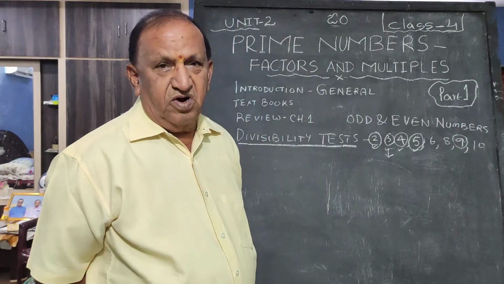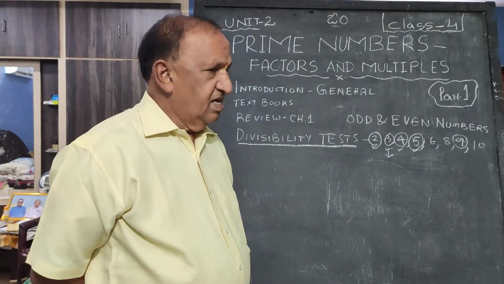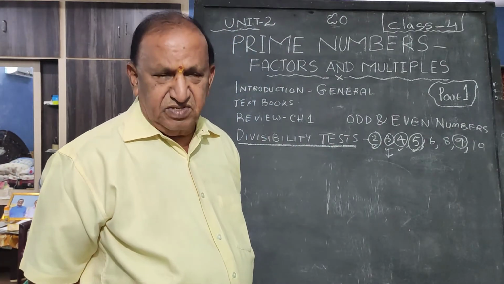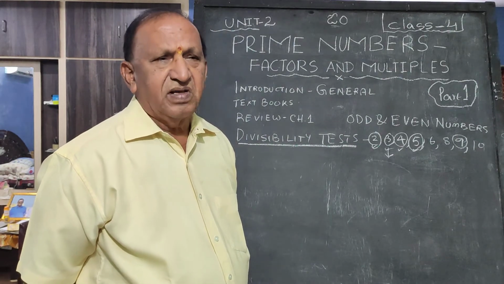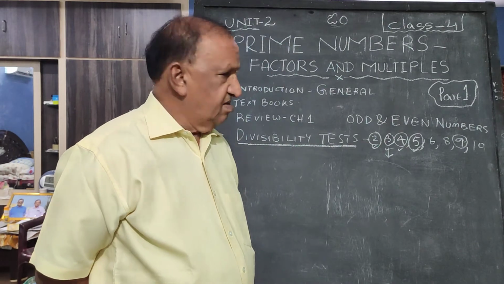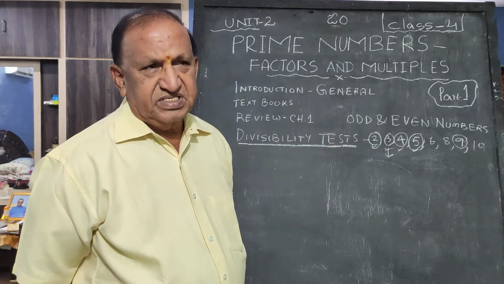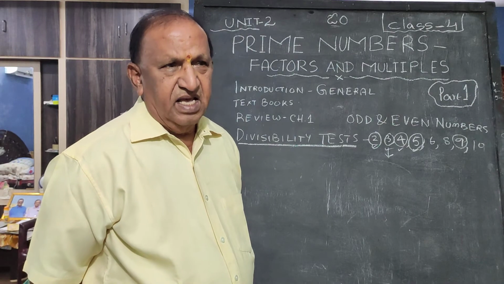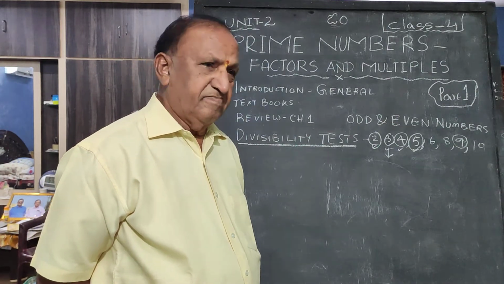Then we think about divisibility by 3. That means a number is divisible by 3 if the sum of the digits is divisible by 3. Similarly, for 9, if the sum of the digits is divisible by 9, then the number is divisible by 9.